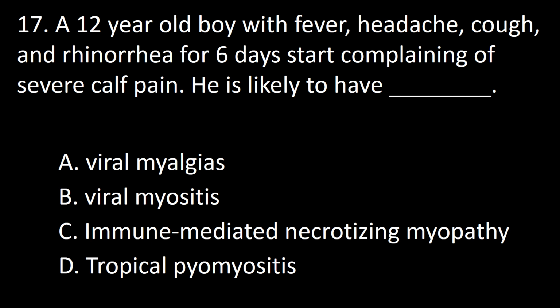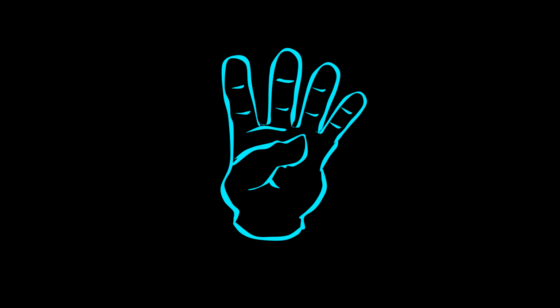He is likely to have A, viral myalgia, B, viral myositis, C, immune-mediated necrotizing myopathy, D, tropical myositis. This question names 4 conditions. The first one and the second one just mentioned will be discussed together.